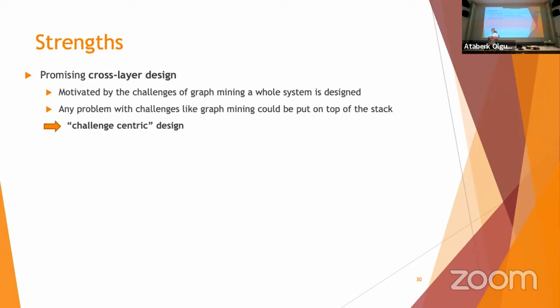What's even nicer, in my opinion, is that we don't focus too much on the problem, but rather on the challenges of the problem. And that way, any problem with similar challenges could be put on top of the stack, and then we have an accelerator for that too. So I would call this a challenge-centric rather than a problem-centric design.